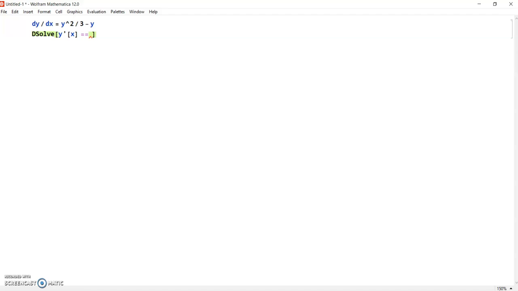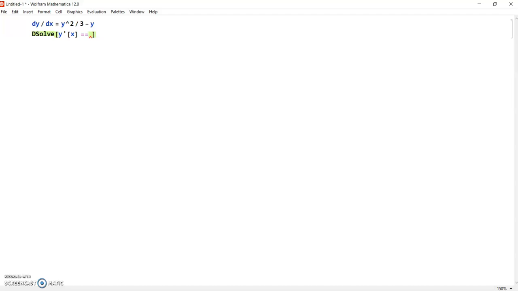If you put a single equal sign, it will be taken as an assignment statement by the software, just like in many other software. If you want to represent an equation, you have to put a double equal sign.